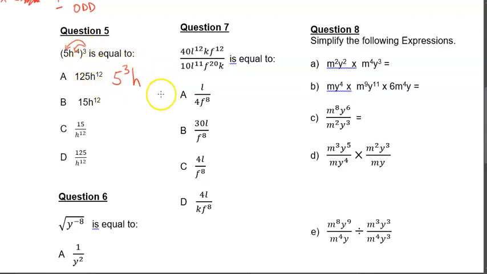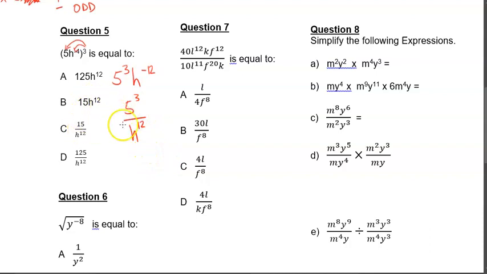Negative 4 times 3 is negative 12. Now we can't see the solution here. In fact, we can't see any solution where there is a negative index. So this obviously tells me that the 5 to the power of 3 has to be in the top, and h to the power of 12 must go in the bottom.